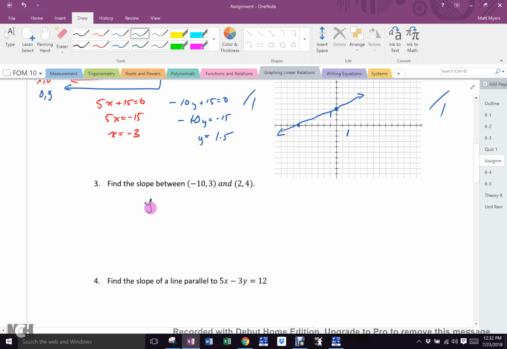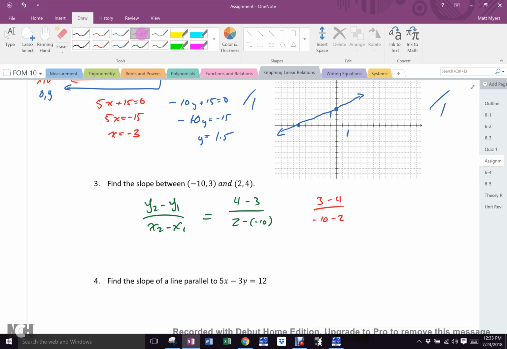Of course it's y2 minus y1 over x2 minus x1. So of course it is 4 minus 3 over 2 minus negative 10. Or it's 3 minus 4 over negative 10 minus 2. Because they're the exact same thing.